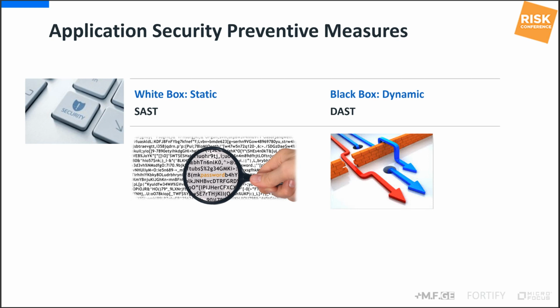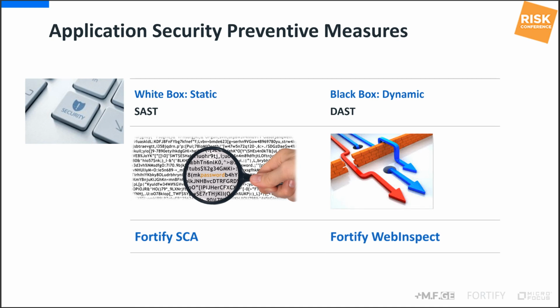The dynamic one means that we have an already running or ready web application or web service, and we are trying to breach it to find any zero days, any vulnerabilities, any possible breakthroughs to damage it. Afterward, of course, your development team can act to prevent all these issues in the software code or the infrastructure itself. There are two products called Fortify SCA, Static Code Analyzer, and Fortify WebInspect, which are intended for these purposes.